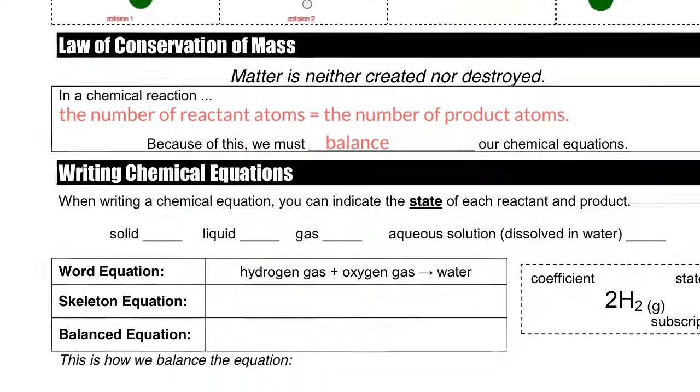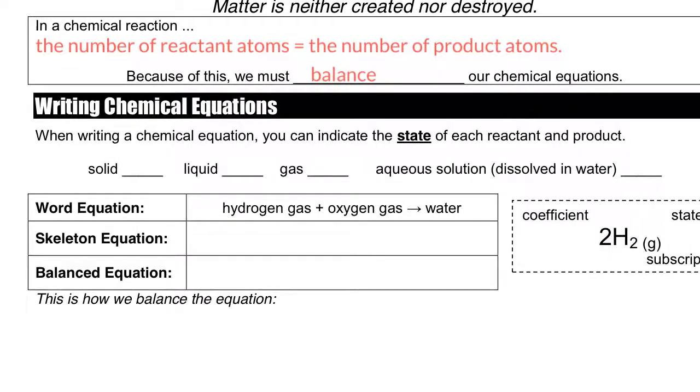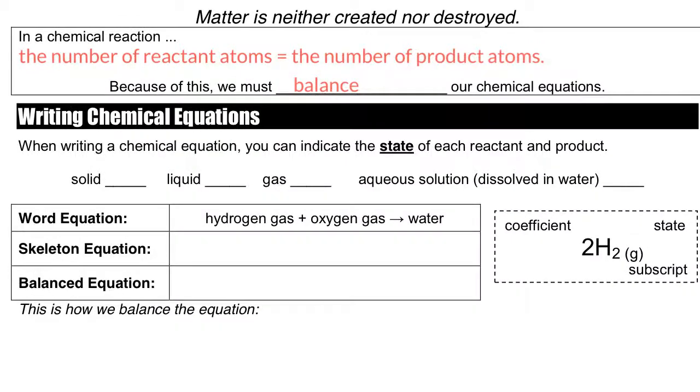So now we'll proceed to talk about how we write chemical equations, and then how we balance them. So take a look at this bottom part of your note. Whenever we write a chemical reaction equation, we can indicate the state of each reactant and product.